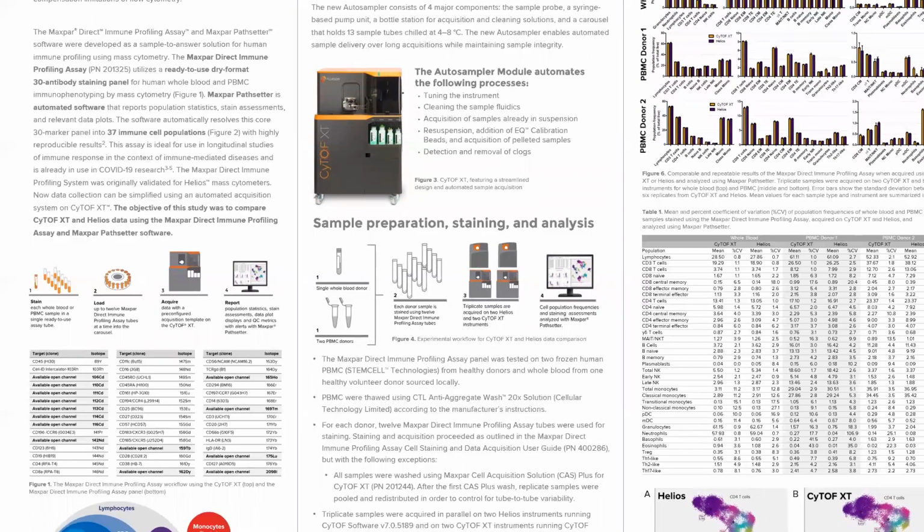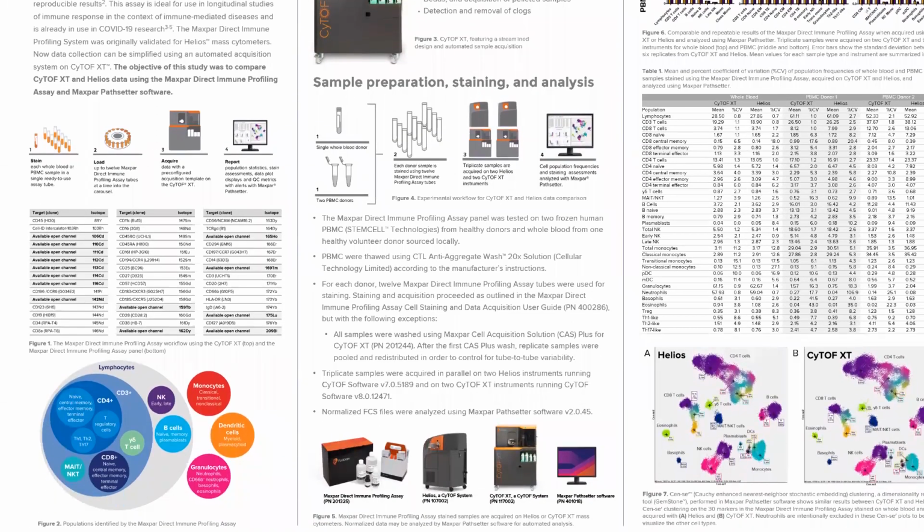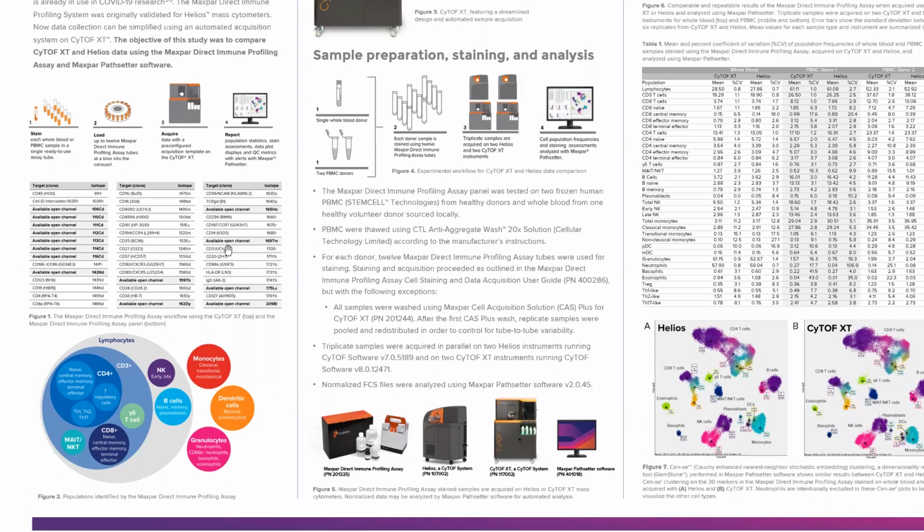These 37 populations include all major subsets of T cells, gamma delta T cells, as well as MAIT cells, NKT cells, together with other populations of monocytes, granulocytes, and dendritic cells, which also includes the rare plasmacytoid dendritic cells. Also keep in mind, this 30 marker core panel still has 14 open channels if you would like to add more custom markers to the core panel for more subpopulation identification.